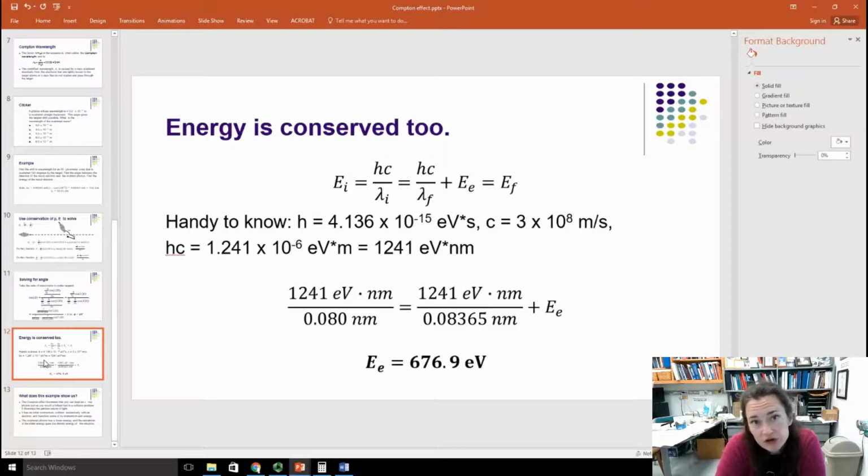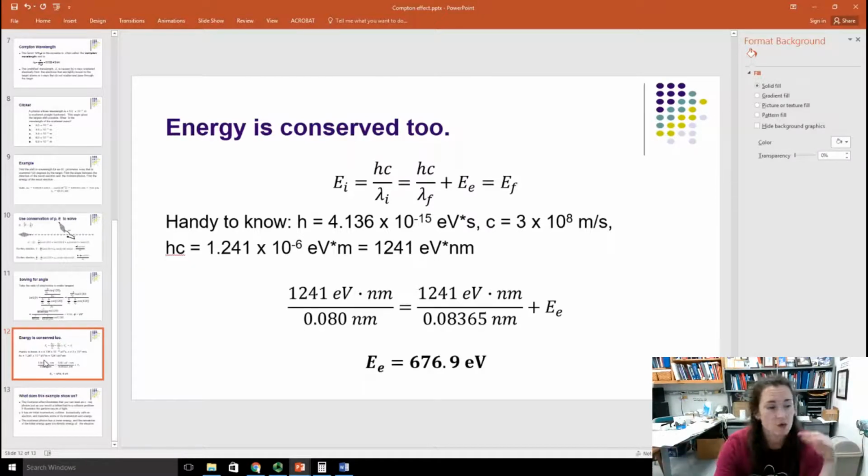I have 1241 eV nanometers divided by 0.08 nanometers, that's my initial energy, equals 1241 eV nanometers divided by 0.08365 nanometers, plus the kinetic energy of the scattered electron. Now I can just subtract those two fractions and get the energy of my scattered electron, and that's 676.9 eV. So I've done it.